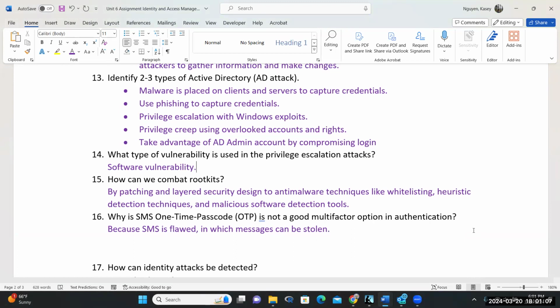Yes, it's supposed to connect to the internet, but what is the destination for that particular session? So the behavior of that can be monitored and controlled. And then we also want to use security software to detect, right? But detecting is already late, so that means it's already there.